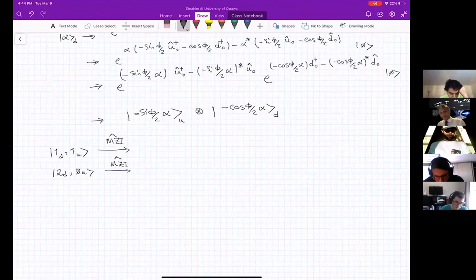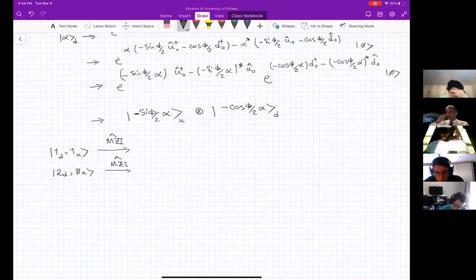This is interesting as well. This will be the basis for quantum computing with single photons, or with photons. Okay. All right.